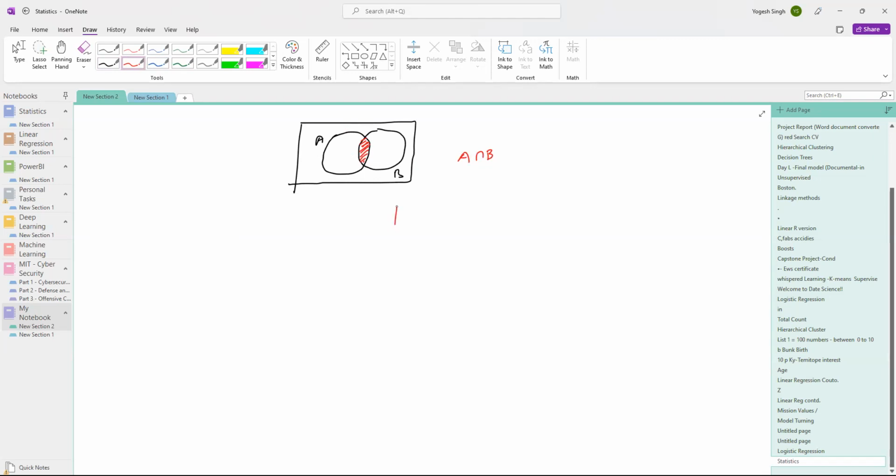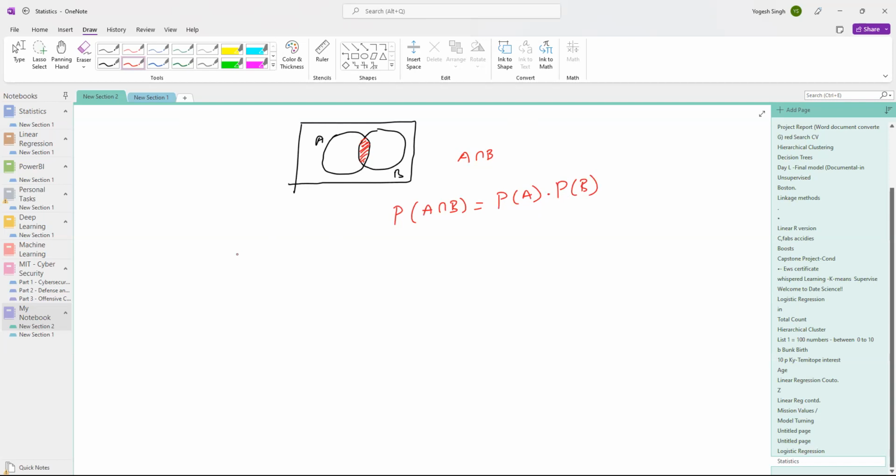So P(A intersection B) is given by the formula P(A) dot P(B), which means that both of them are occurring together.